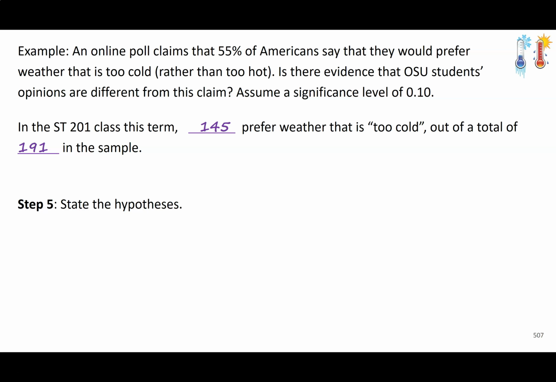So stating the hypotheses. I'm going to have my null, and I'm going to have my alternative. Things to note, I am dealing with proportions and not means. So that means I should have P. Just focusing on the null hypothesis, remember I should always have an equal sign.